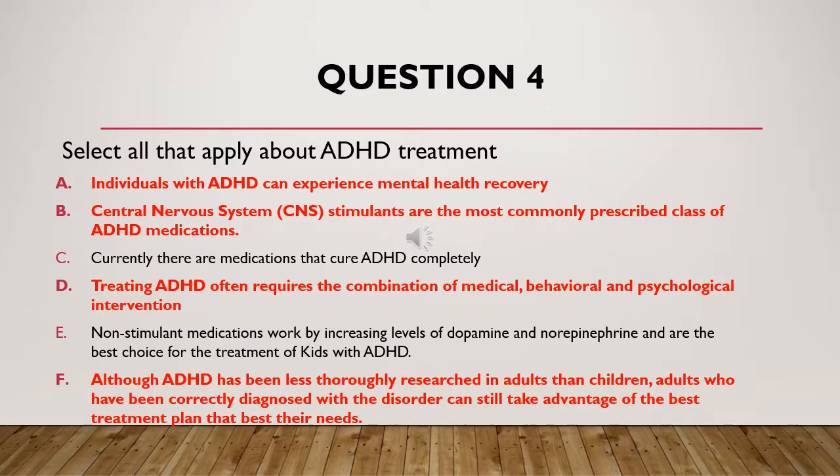Central nervous system stimulants are the most commonly prescribed class of ADHD medications. Treating ADHD often requires the combination of medical, behavioral, and psychological interventions. And although ADHD has been less thoroughly researched in adults than children, adults who have been correctly diagnosed with the disorder can still take advantage of an adequate treatment plan that suits their needs.